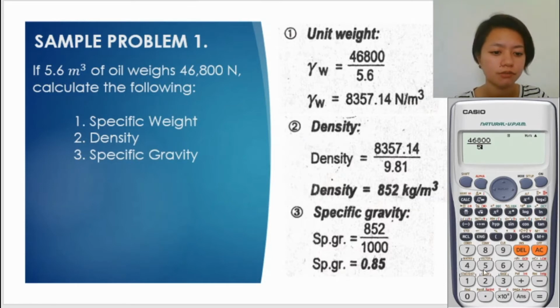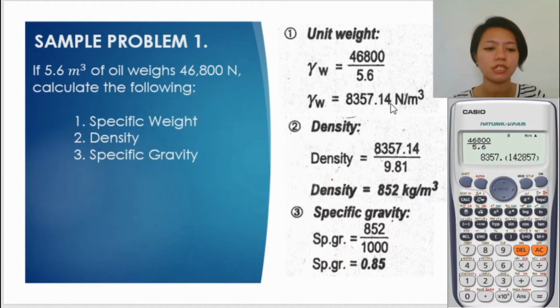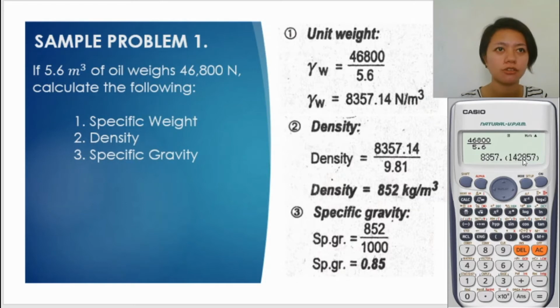So we input 5.6, then equals 8,357.14 Newton per cubic meter. So that we don't struggle with rounding up and rounding down, I suggest we stick to 2 decimal places so our answers are consistent. I will still consider those with slight excess or shortfall.